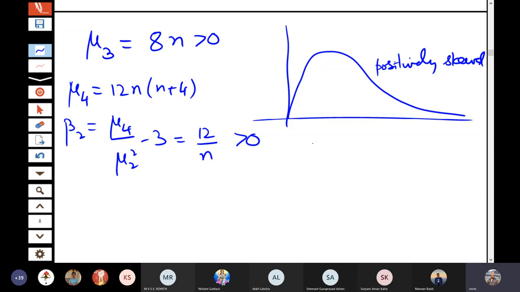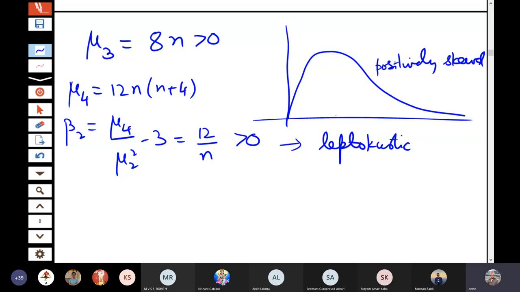So it is leptokurtic. But of course you can see here that as n increases, this converges to 0. So it will converge to the kurtosis of a normal curve if n becomes large. Similarly, if you calculate mu 3 by mu 2 to the power 3 by 2, that also converges to 0. So as n becomes large, this also converges to normal.